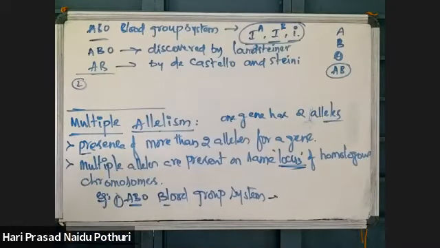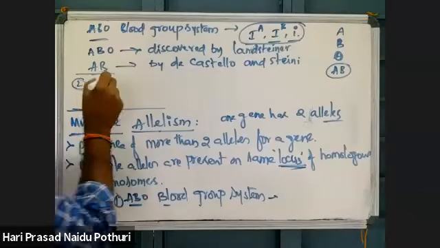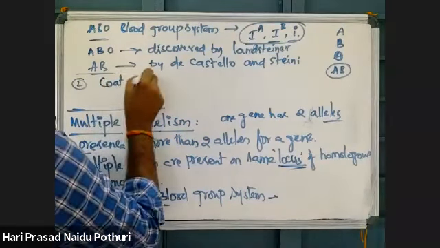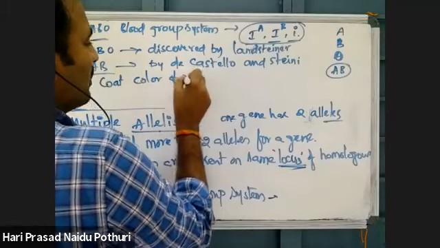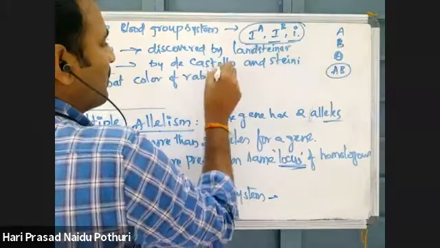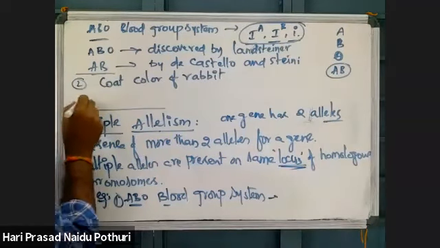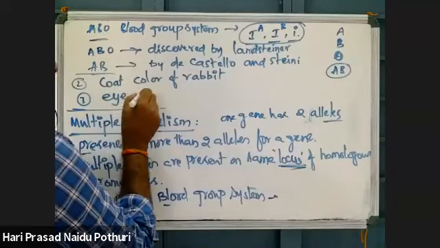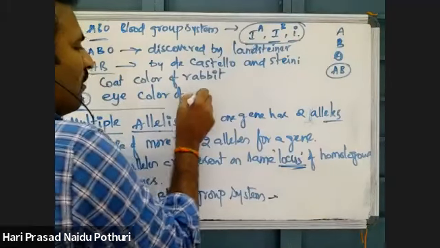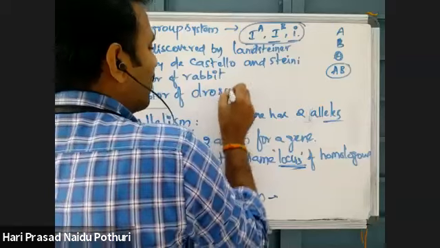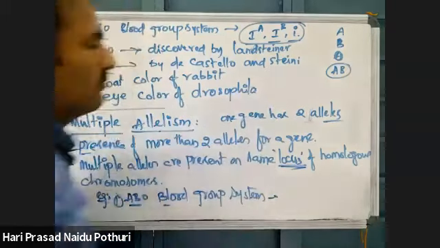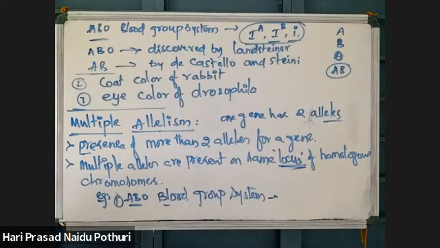Other examples of multiple allelism are coat color of rabbit, where rabbits have white hair or some dark color hair, and eye color of Drosophila. These are the best examples.